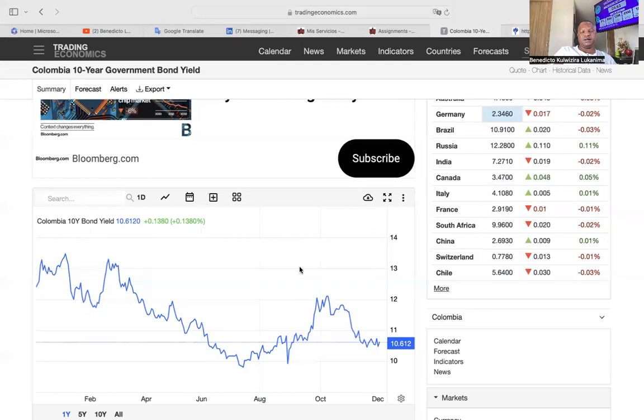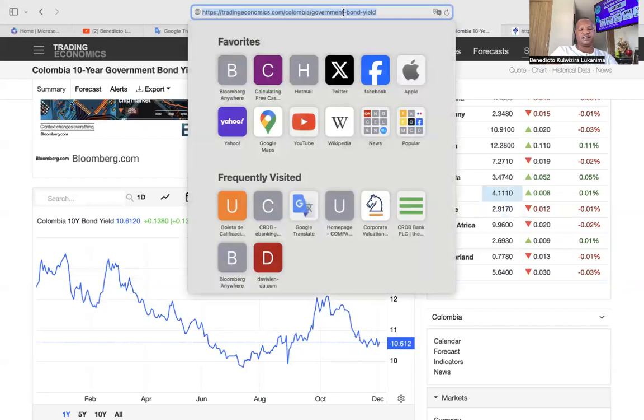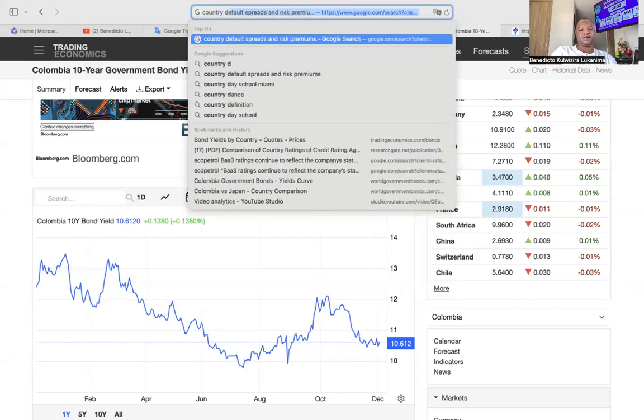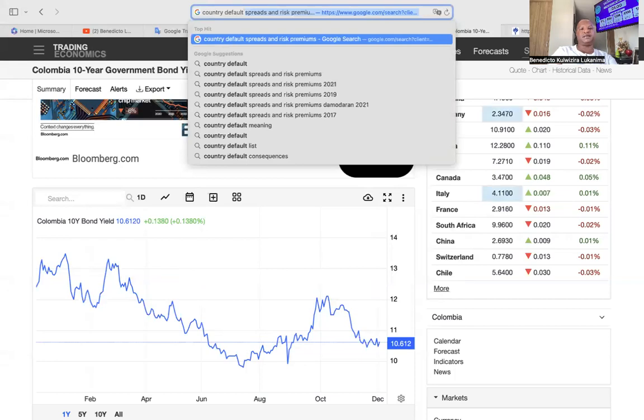And on 31st August 2023, the yield was around 10.675 based on the historical chart. Another important information we need are the default spreads. I can just write country default spread.